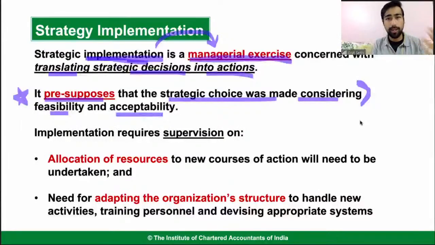My new strategy is I'll study for 8 hours, right? So it is okay, possible, it's feasible, it's acceptable. It is not like going straight from 6 to 16 hours now. So strategy implementation presupposes that the formulation of strategy is done based on logic, practicality, feasibility, and acceptability, right?